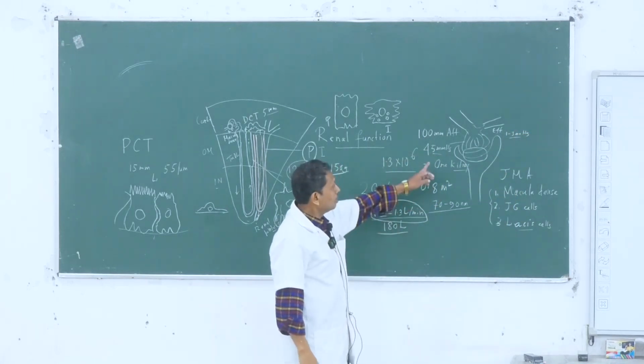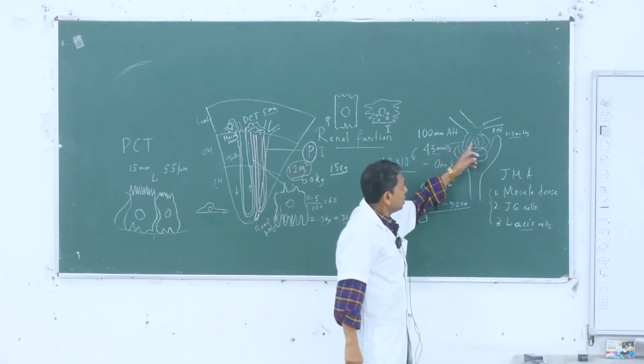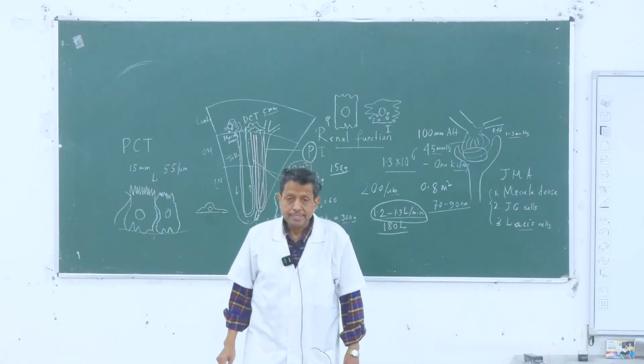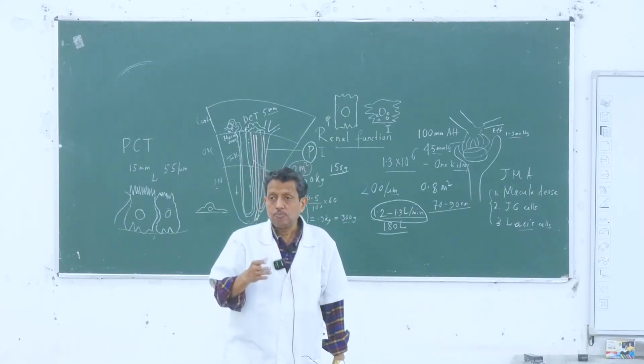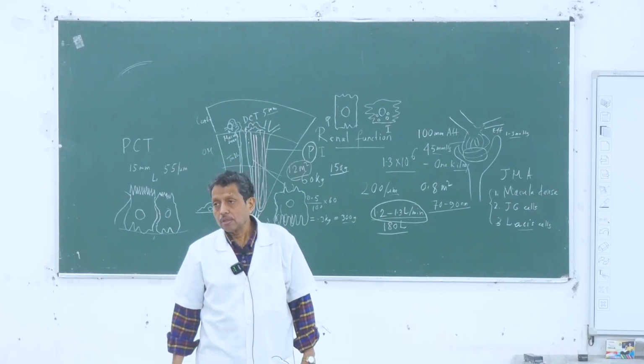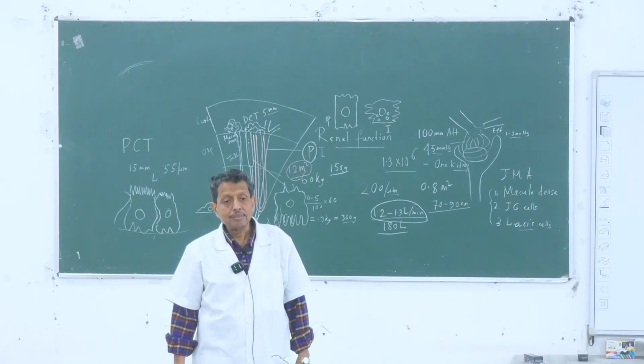So practically you can think that this hydrostatic pressure is maintained, and transport across this membrane is dependent upon hydrostatic pressure minus this osmotic pressure.